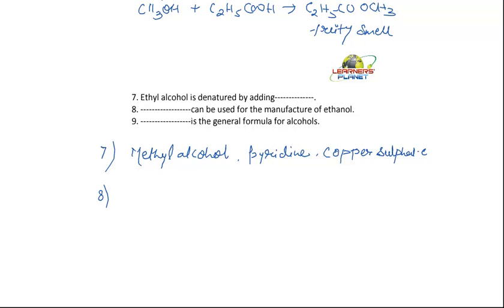Now our next question here is, dash can be used for the manufacture of alcohol. What can be used? For industrial preparation or the manufacture of alcohol, sugar is taken.